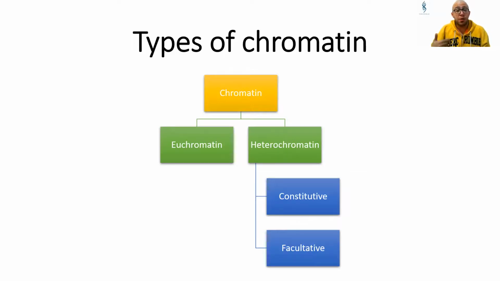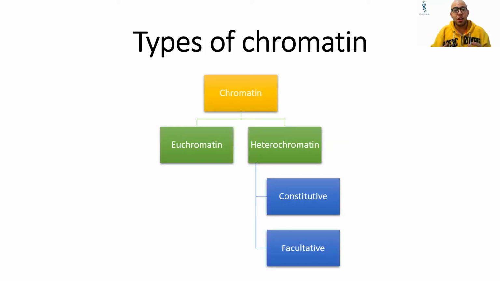And here we're going to be referring to areas such as the centromere. And the second type, which is the facultative, these are heterochromatin regions that are indeed dense, that are packaged compactly. However, they can also transform into euchromatin if the right signal is given by the cell.